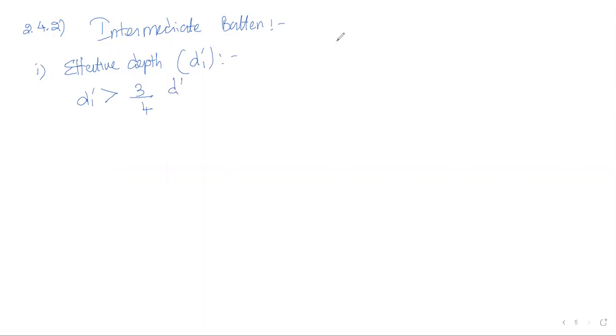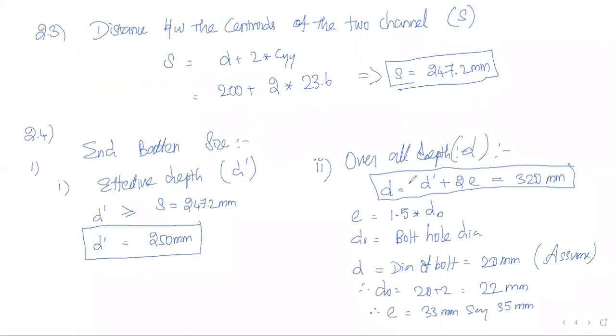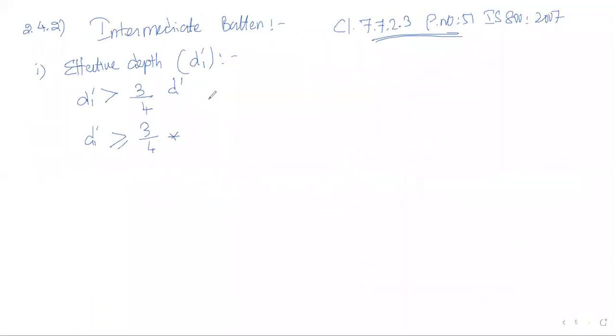This is clause number 7.7.2.3, page number 51, available in IS 800. So 3 by 4 into D dash, which is 250, becomes 187.5 mm. So I can say 190 mm.